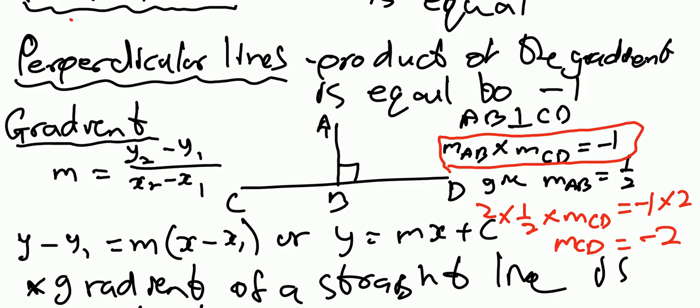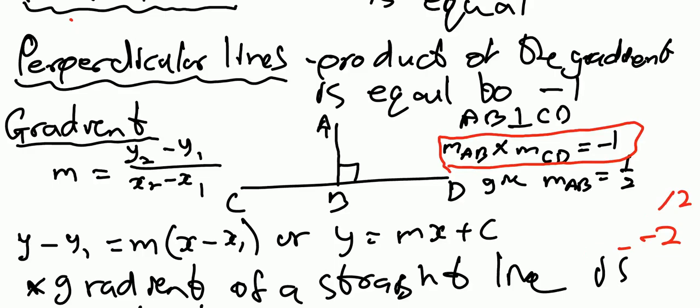So if you have perpendicular lines, that means the product of their gradients is equal to -1. If you have the gradient of one line, you can calculate the gradient of the other. Okay, one more thing about the gradient.